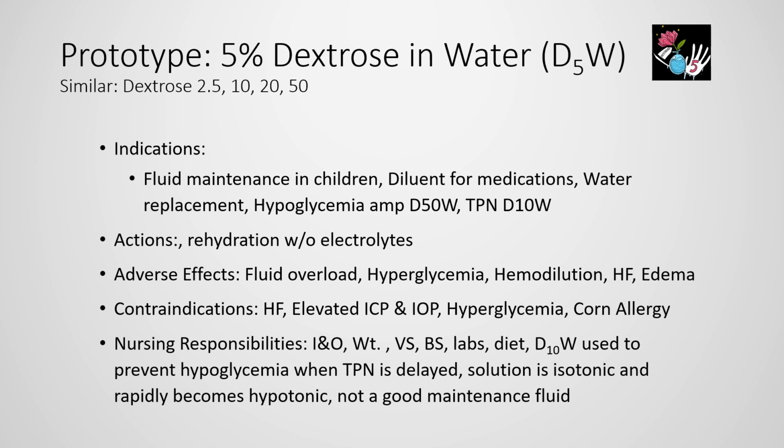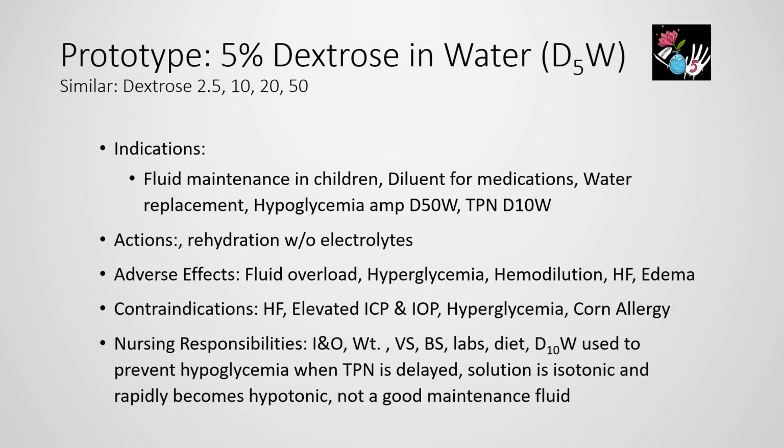And for someone who becomes hypoglycemic, so say they took too much insulin at home and they've come in semi-comatose or unconscious, and we do a glucometer, and we see that their sugar's 30 or 40, we can give them a D50 amp. So we will push in D50 amps to get their sugar up quickly.